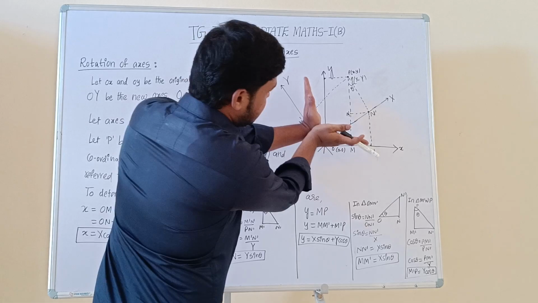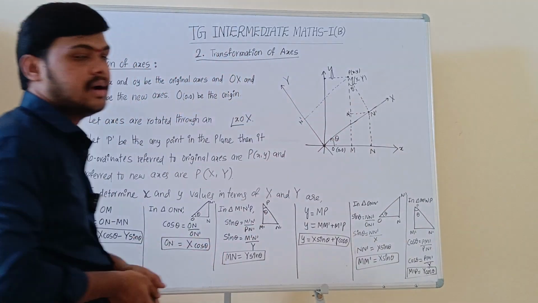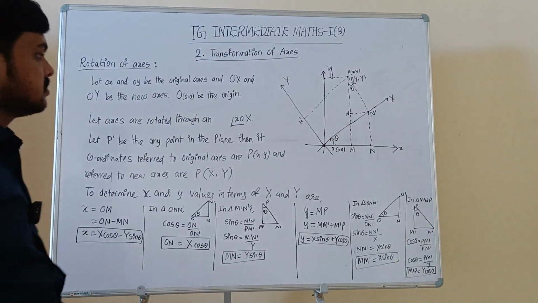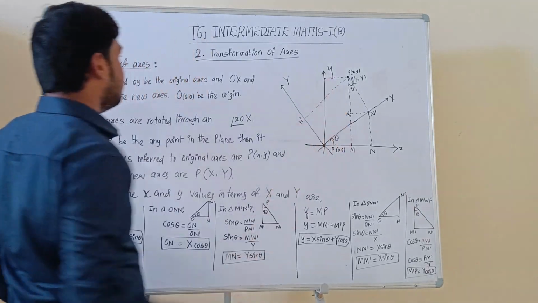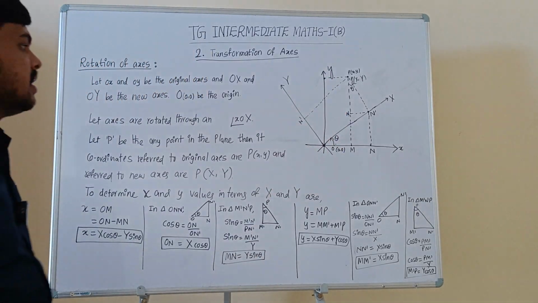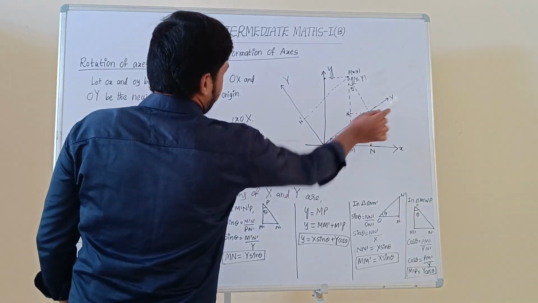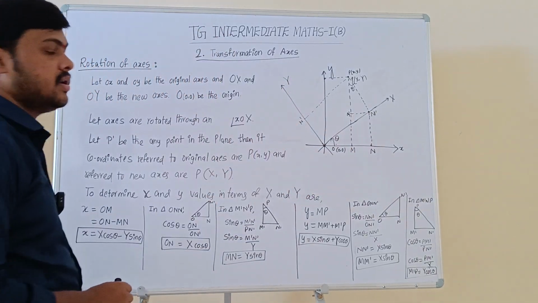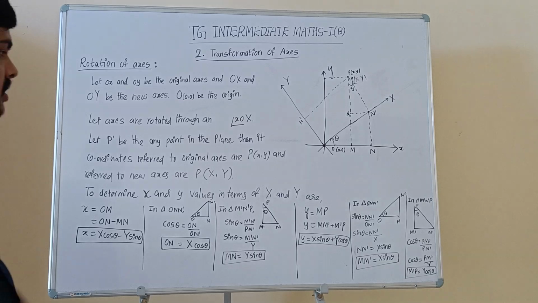Whatever this xy axes are shifted like this become capital X, capital Y. So OX and OY are your original axes, and OX capital, OY capital are your new axes.